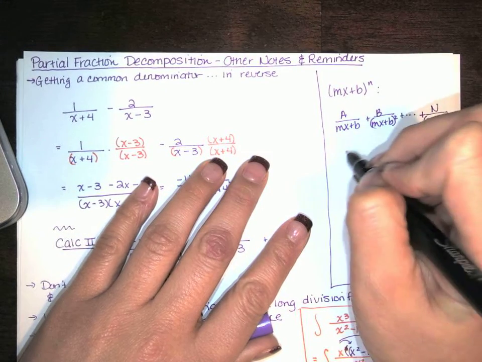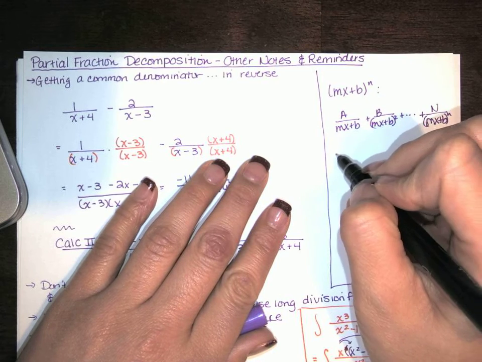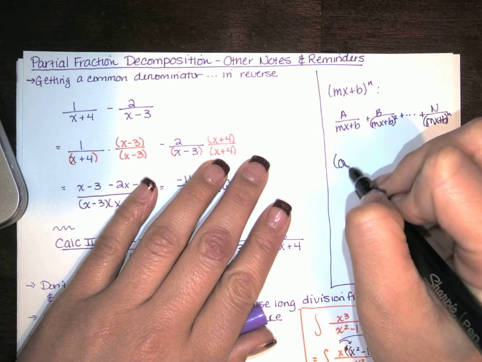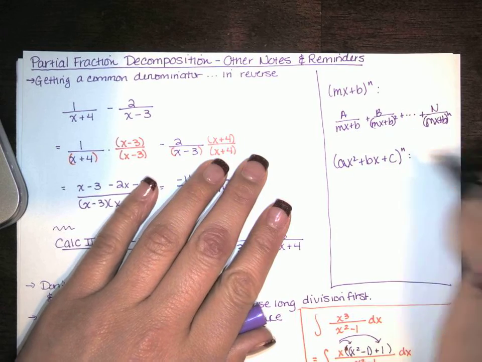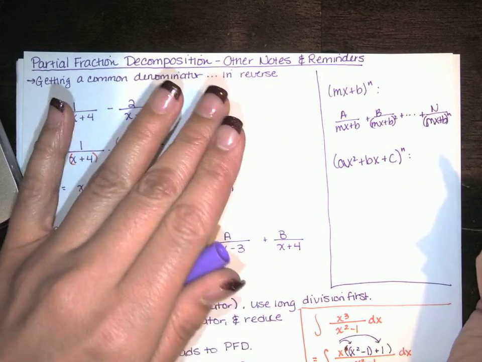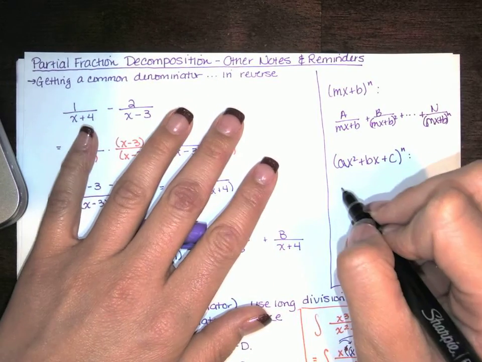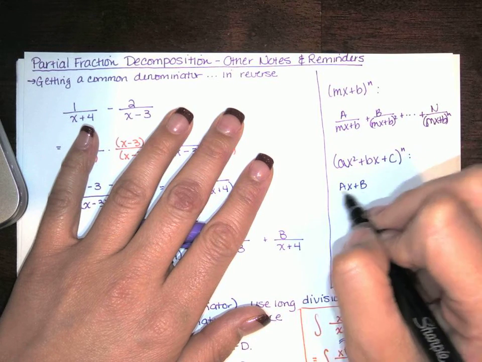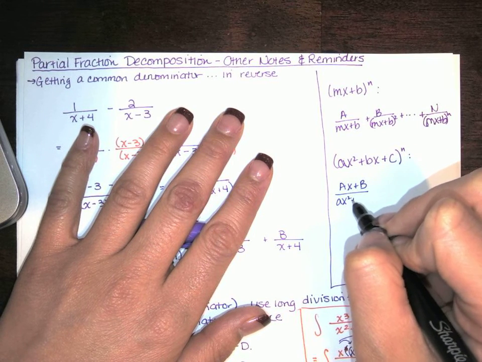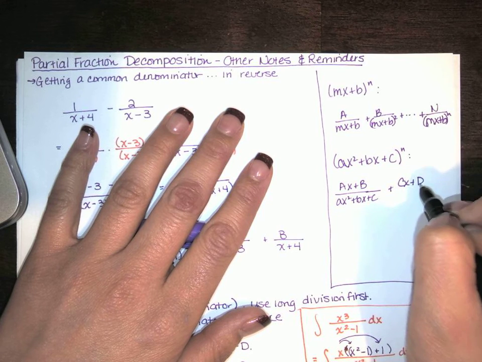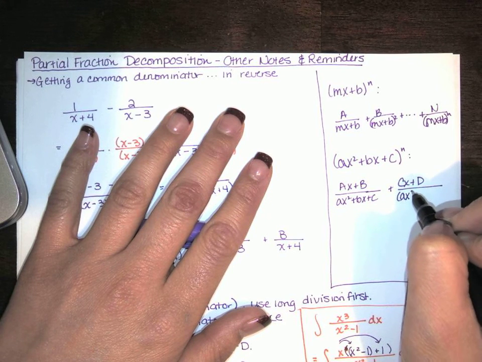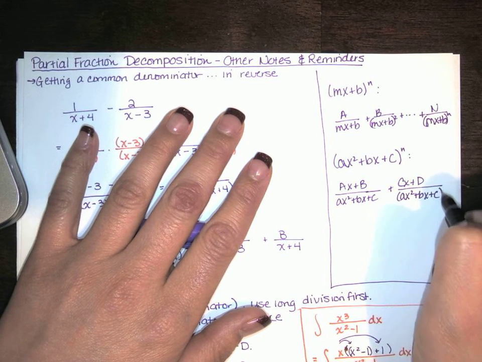And then the last tip is if you have an irreducible quadratic factor. This is not factorable in the real number system. It's only factorable in the complex number system. You're going to have ax plus b over that factor plus cx plus d over that factor squared, and so on.